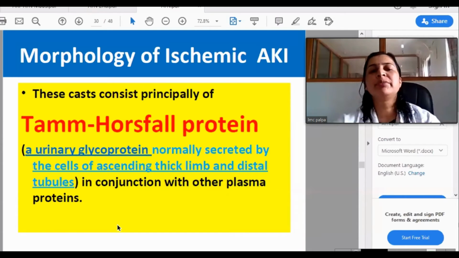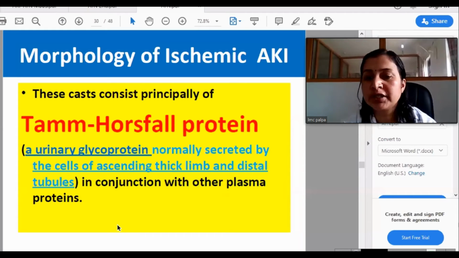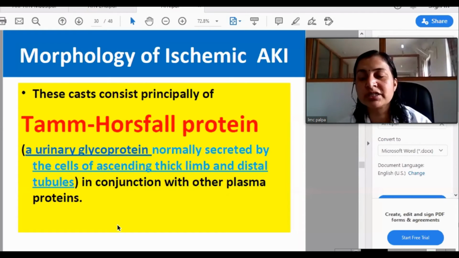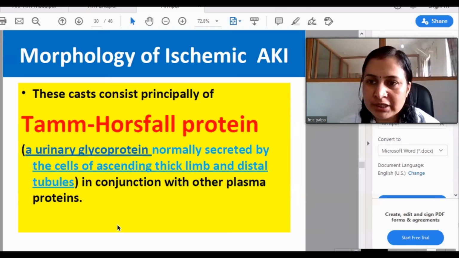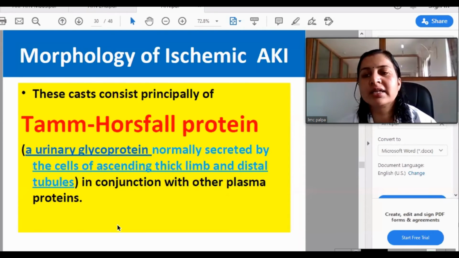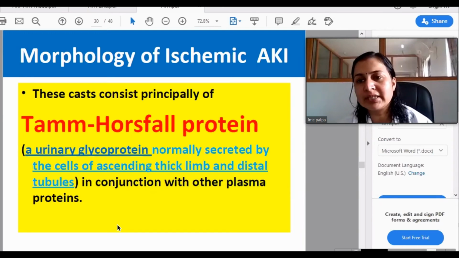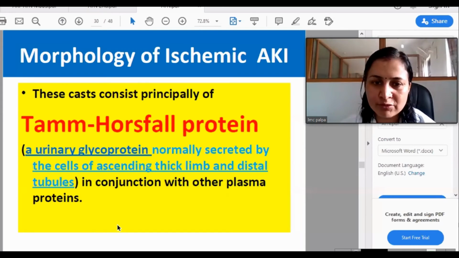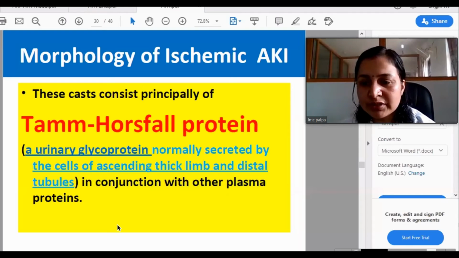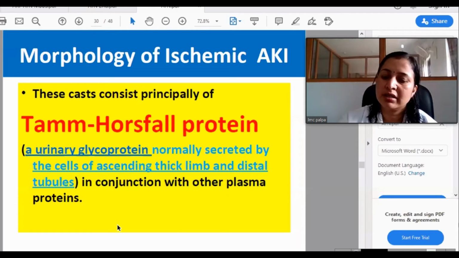So the question can be, what kind of cast or what kind of proteinaceous material do you see in acute tubular necrosis in the ischemic variant? You have to say the eosinophilic cast and the granular cast in the form of Tamm-Horsfall protein. At the same time, the vice versa question can be asked, where do you see Tamm-Horsfall protein? You have to say in the context of ischemic ATN.